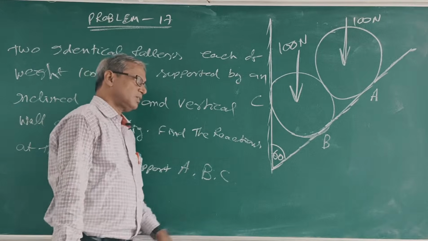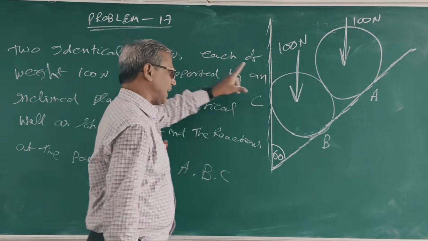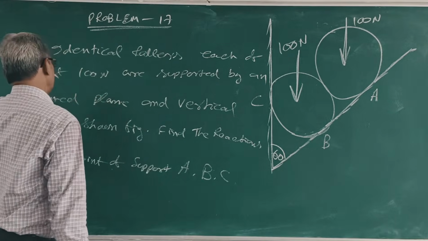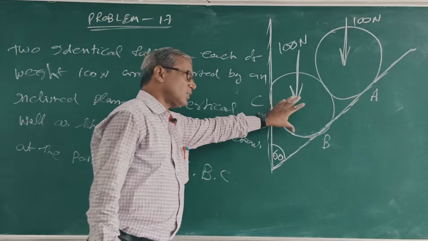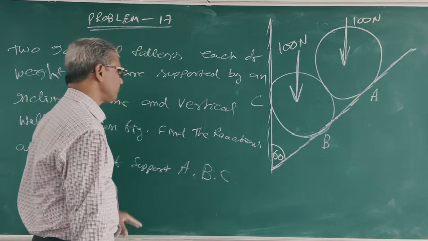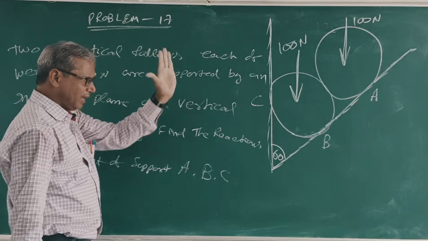The question is, two identical rollers, each of weight 100 Newton, this 100 Newton, this 100 Newton, are supported by an inclined plane and vertical wall.